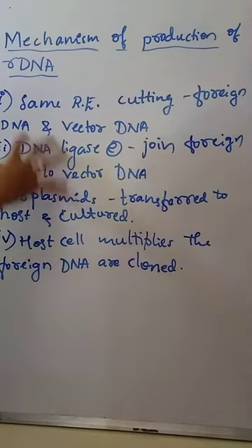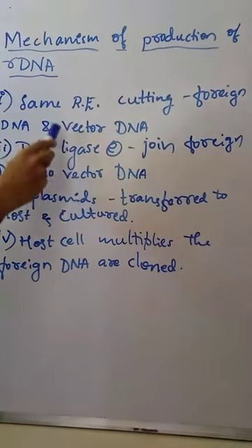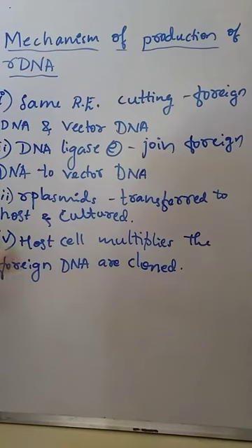So these are the 4 major steps in the mechanism of production of recombinant DNA. First, using a specific restriction enzyme, both the foreign DNA and the vector DNA are cut at a specific site.